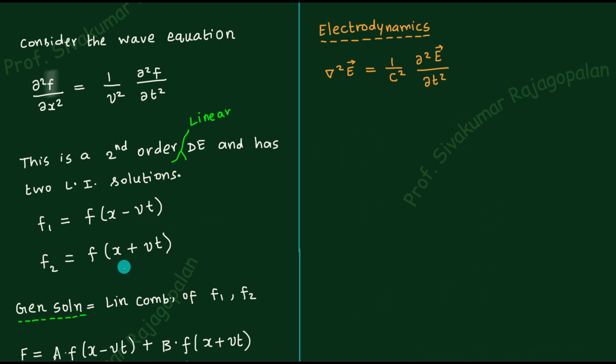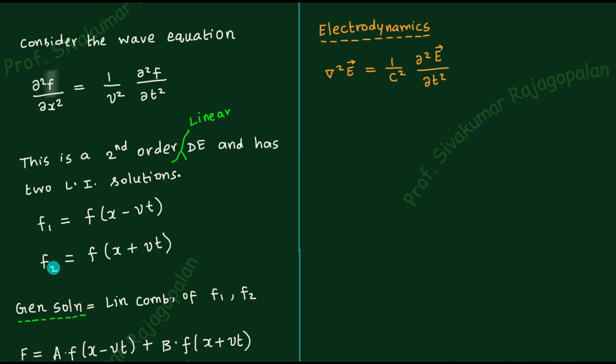You must have a second linearly independent solution because it's a second order differential equation. A third order equation means three linearly independent solutions. An nth order differential equation must have n linearly independent solutions.